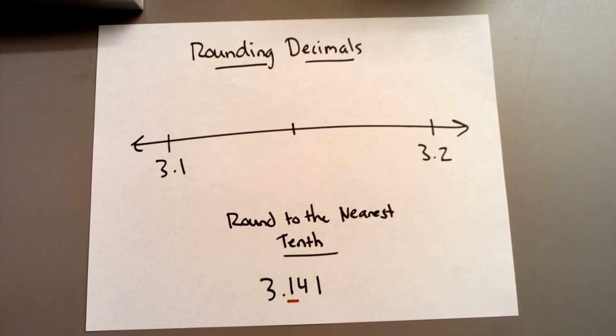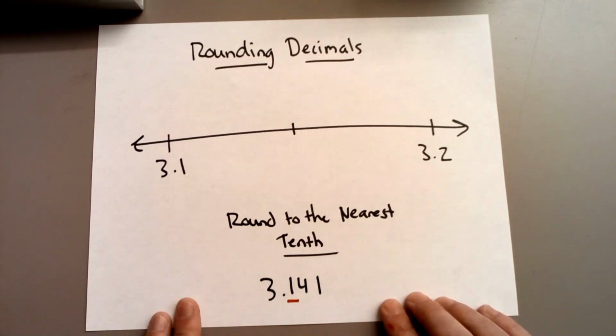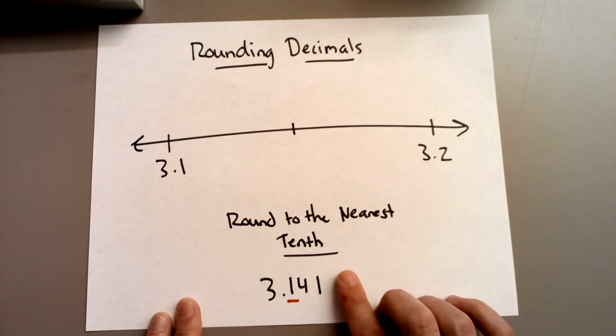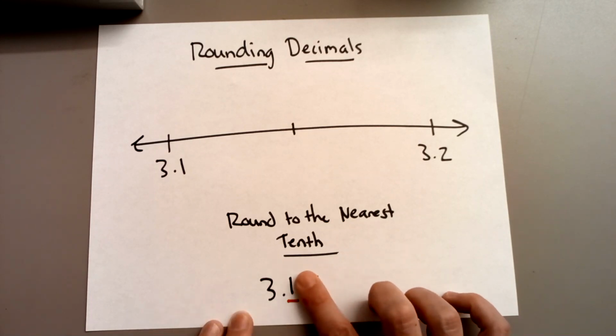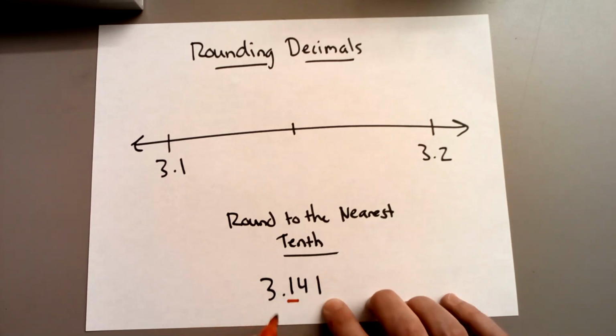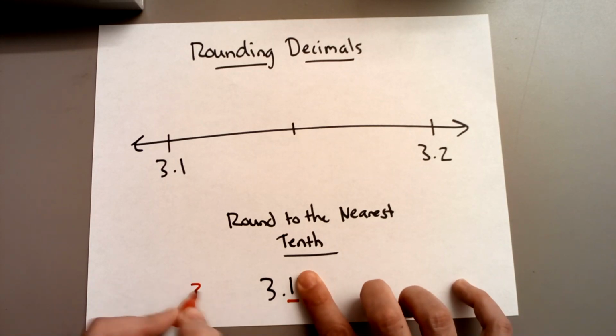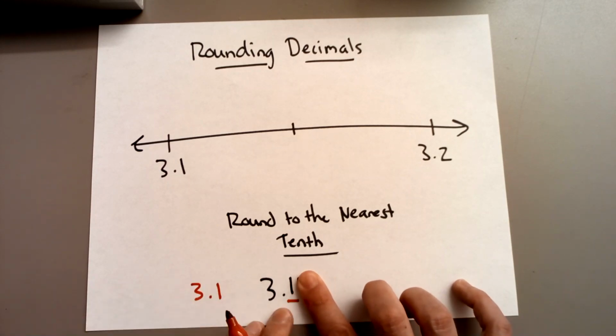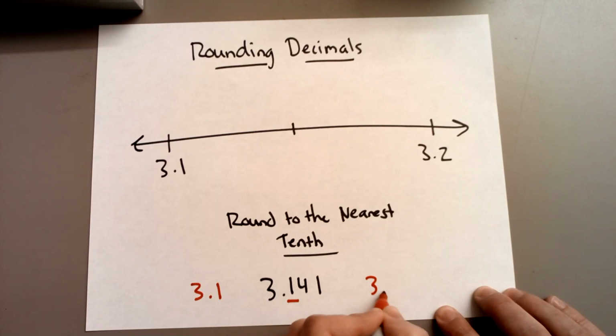The next step I like to take is write down my 2 options for rounding. What do I mean by my 2 options? Well, this number here is 3 and 1/10, but it's a little bit more than 3 and 1/10, right? And so we have to determine, is this number closer to just 3 and 1/10, or is it closer to 3 and 2/10?